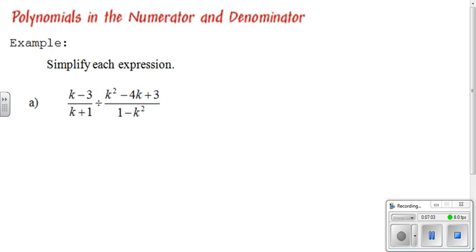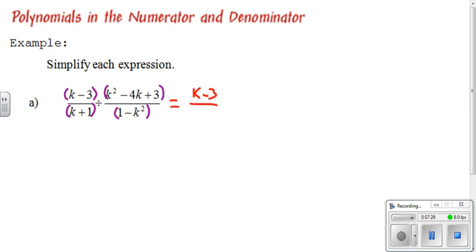All right, now if we have polynomials in both the numerator and denominator. Before we were just using monomials, now each of these is a polynomial. So remember, the best way to do these is to factor it out into its smallest factors and then use those. So, like before, the first thing to do is switch it into a multiplication problem.